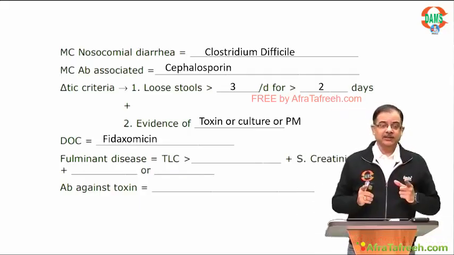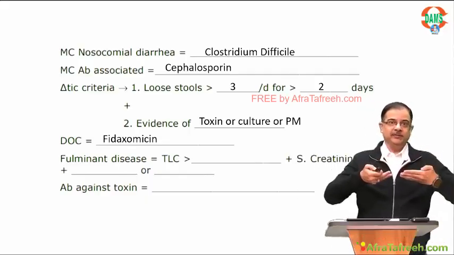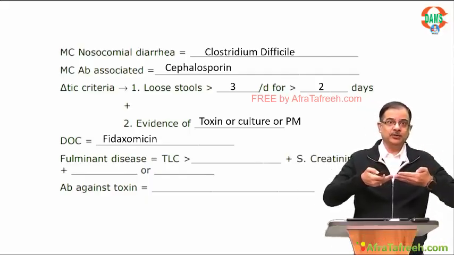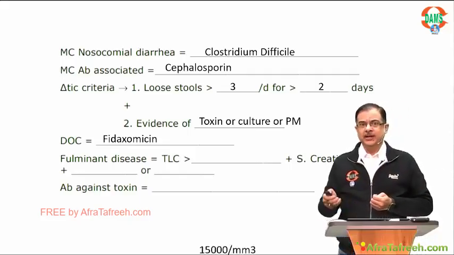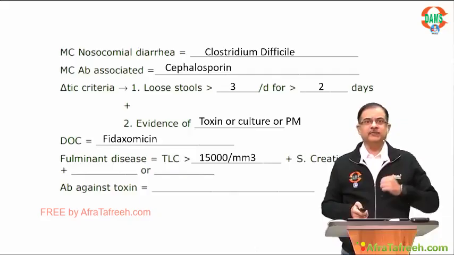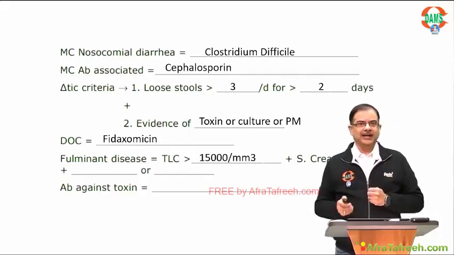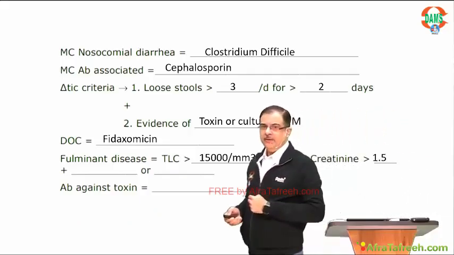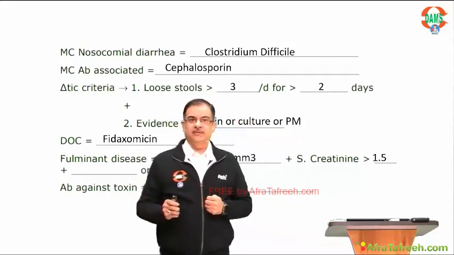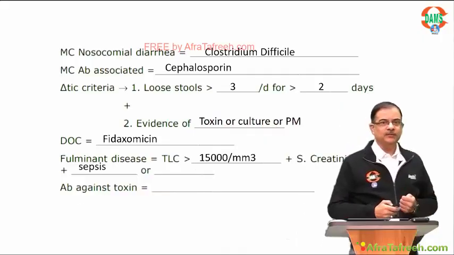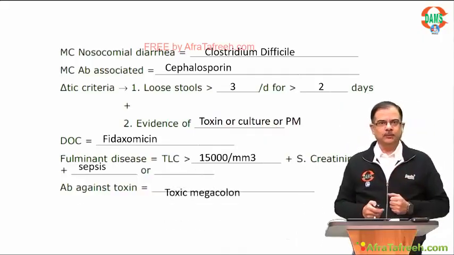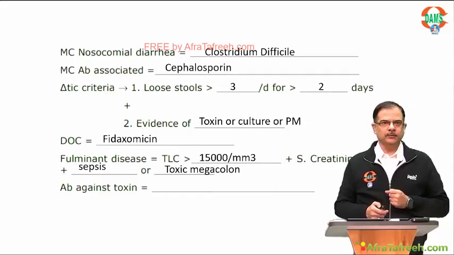In a clinical vignette you should look for the signs of fulminant disease: TLC count more than 15,000, serum creatinine more than 1.5, along with evidence of sepsis or toxic megacolon.